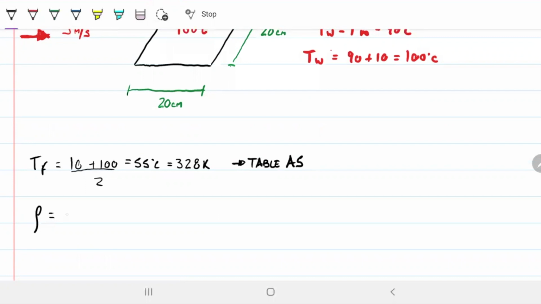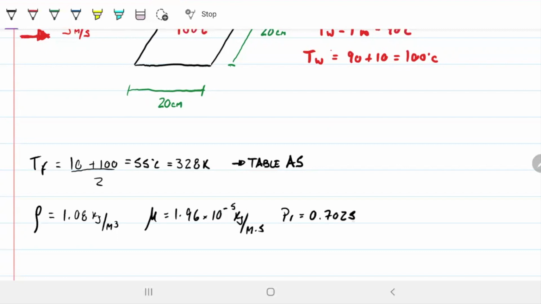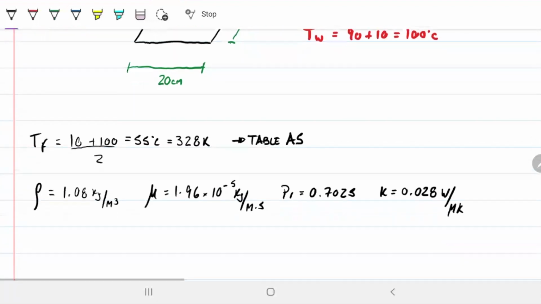I'm getting density, viscosity, Prandtl, and conductivity. Okay, with these guys here, I'll find Reynolds.